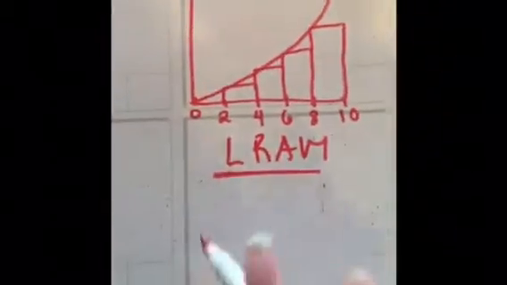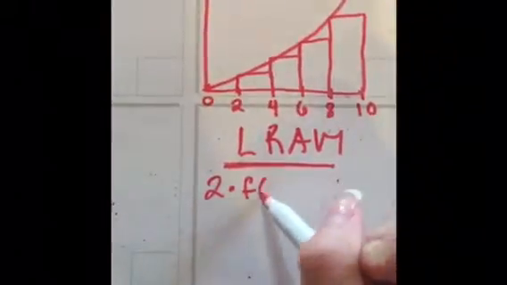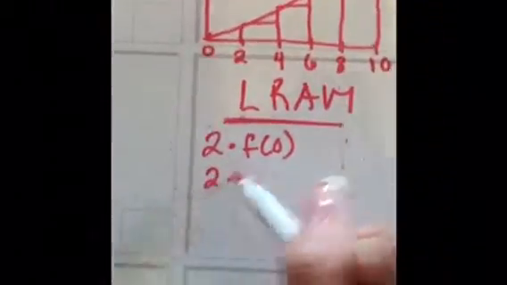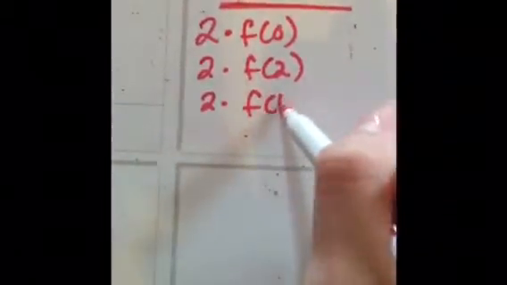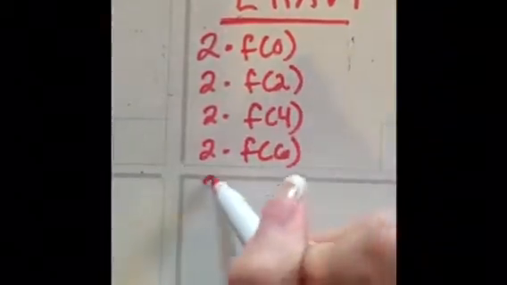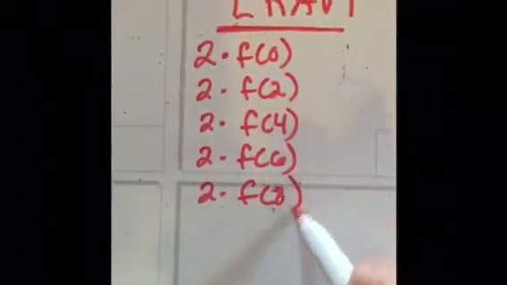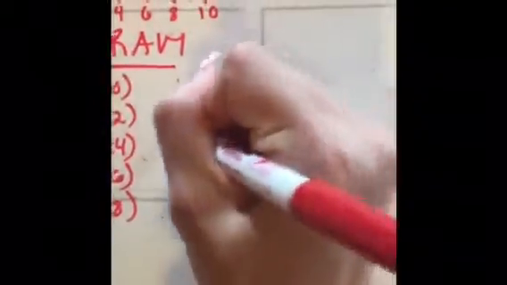Now we can take our subinterval of 2 and multiply by each of the left heights. We get the left heights by plugging in the values into the function f of x is equal to x cubed.